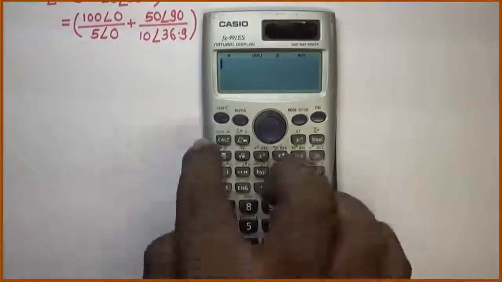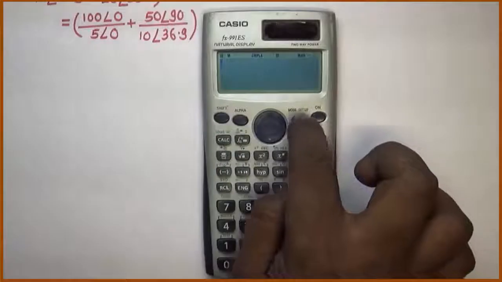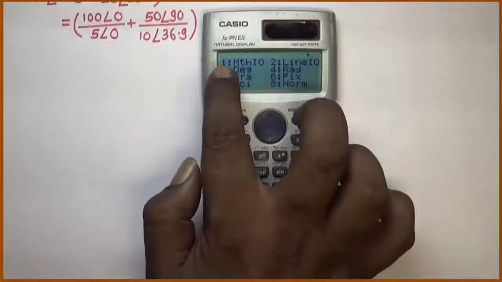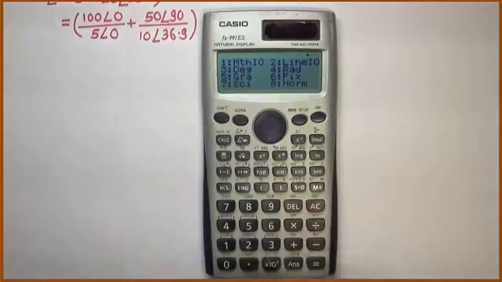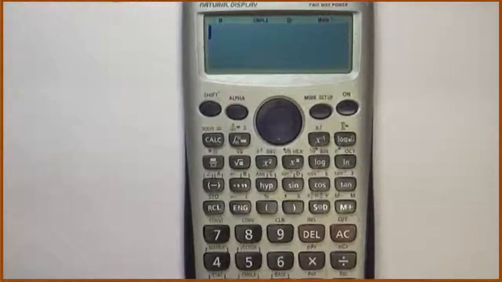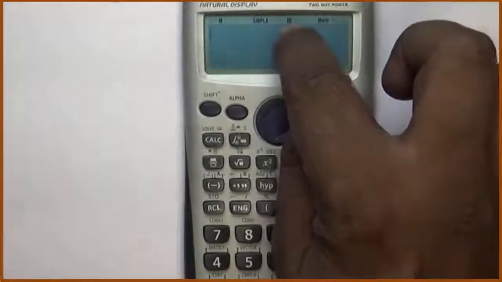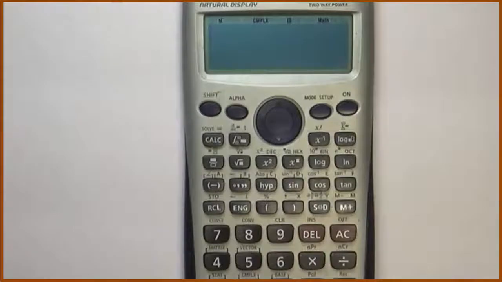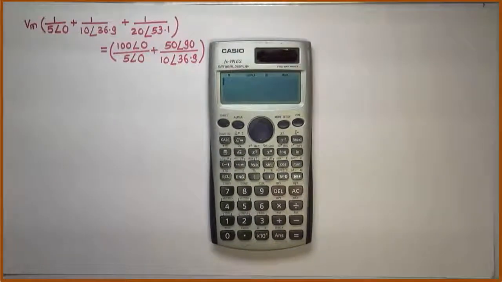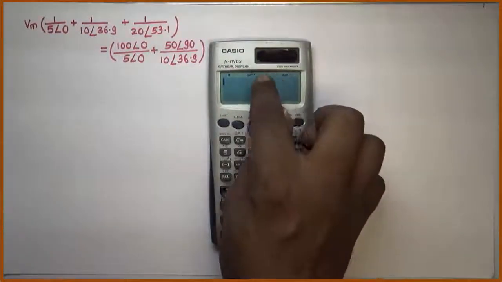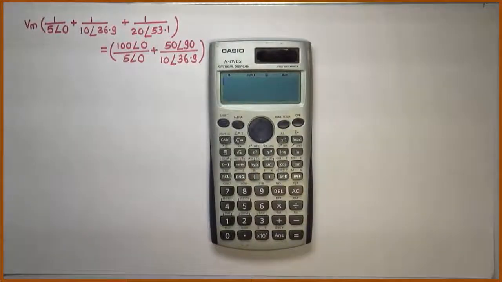For degree mode, the procedure is shift, setup. We find 1, 2, at third position there is a degree, so I press 3, and we find that the letter D comes here. So now the calculator is in degree mode and in complex mode, so the calculator is ready to perform any complex calculation.